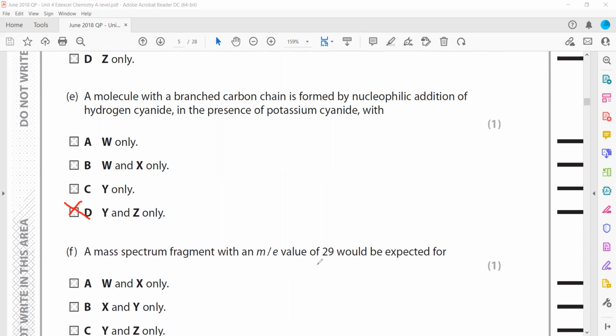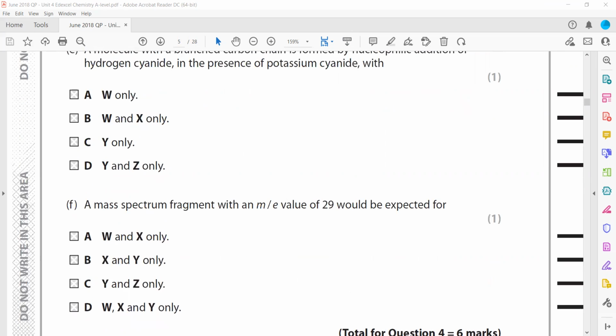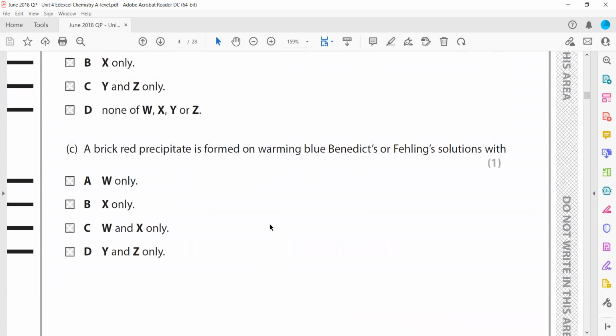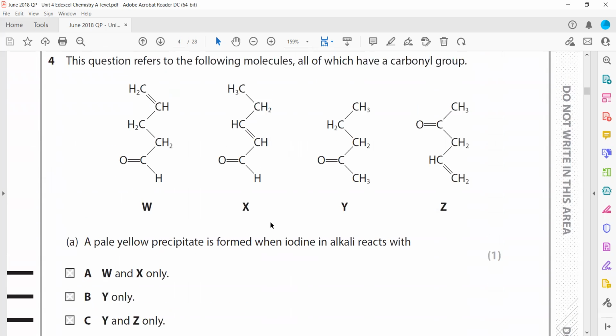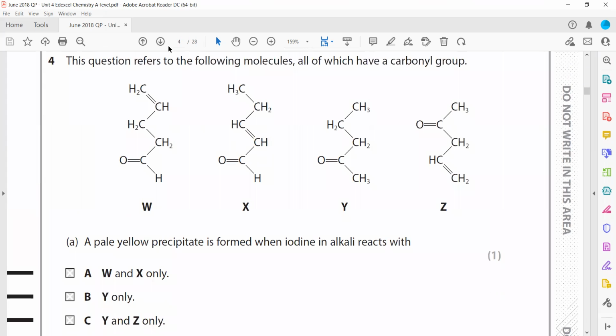Then a mass spectrum with a fragment 29 would be expected for which compounds? So which mass spectrum we can expect, like 29 can happen for W, X, Y, and Z. To identify, just write the total mass of each part, like 12 plus 2, 14.